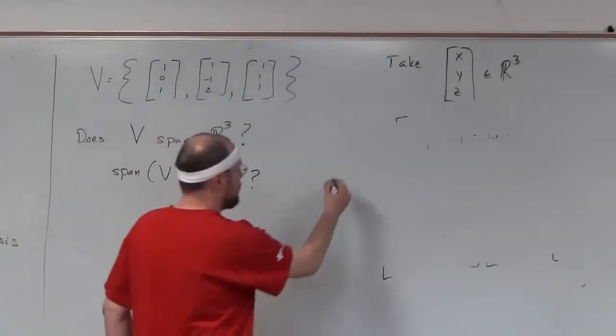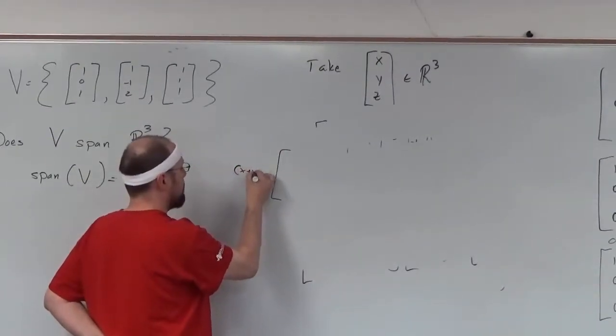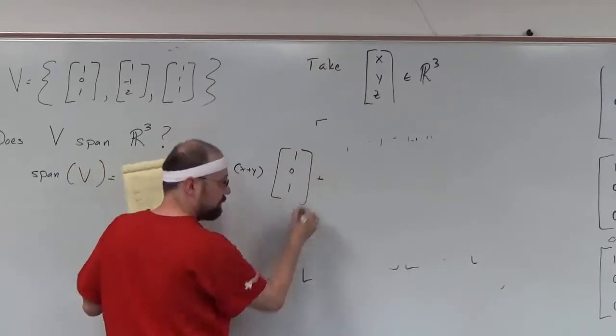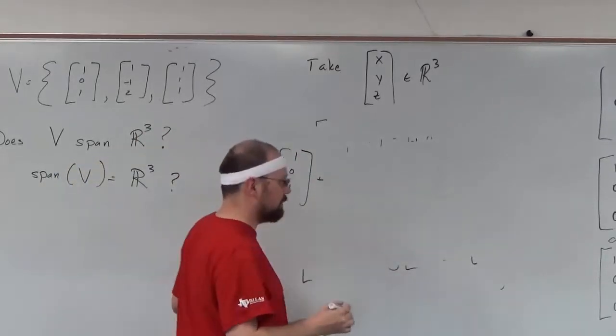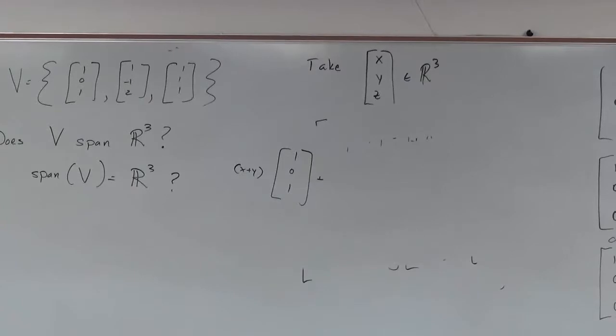So we can always write a is x plus y times the first vector plus c, and according to that, I guess I should finish row reducing, just to show this explicitly.